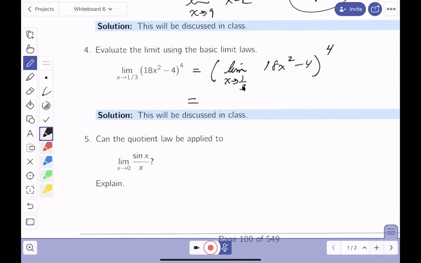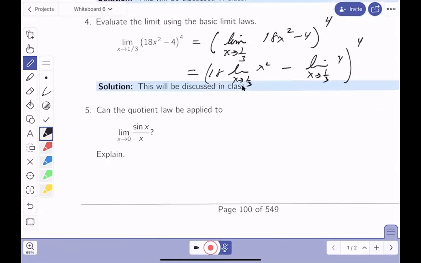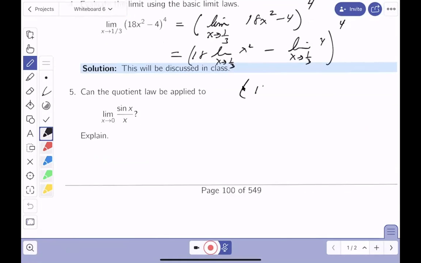Well, if I did this one over here, I'm going crazy with it too. 18 limit as x goes to 1/3 of x squared. I'm using a limit law, minus the limit as x goes to 1/3 of 4, and it's all to the 4th power. Whoa. This can be 18 times, well, the limit law lets me do that one.